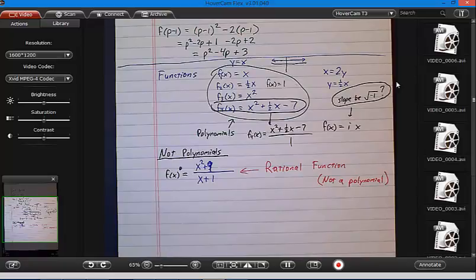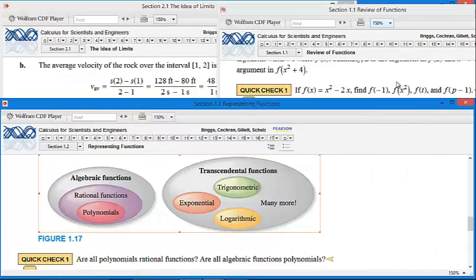When you do very simple things to polynomials, like divide or multiply, or even take square roots, that's what it means to be algebraic. But when you start talking about sine and cosine, those are very different. Those are called transcendental.